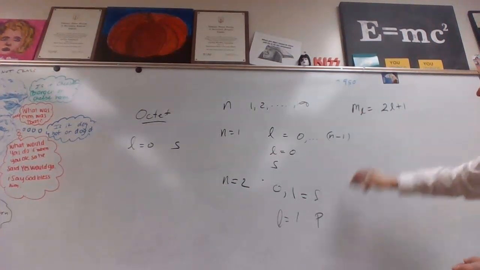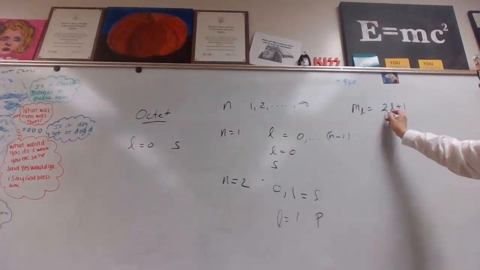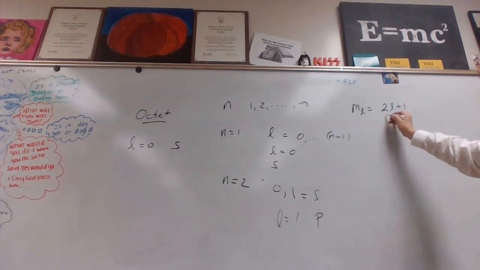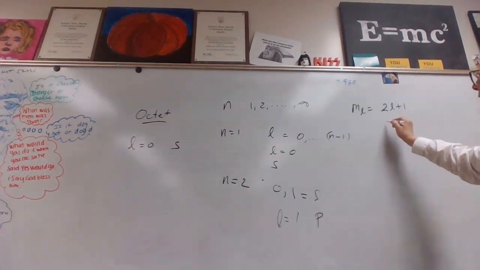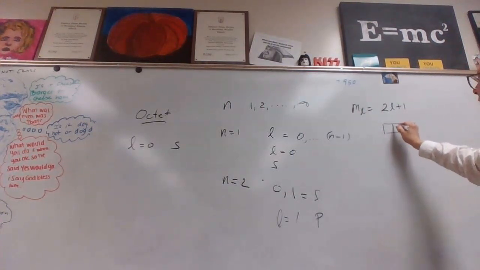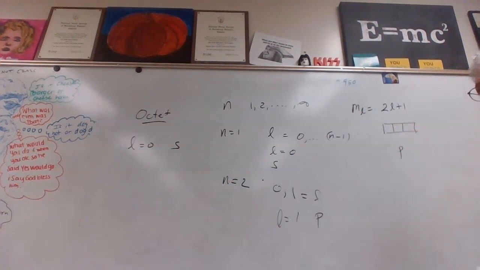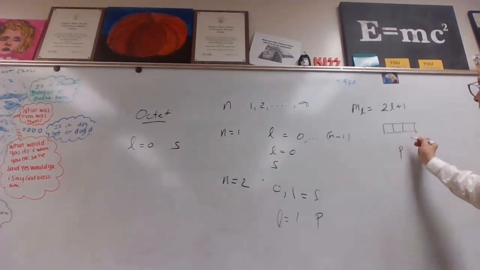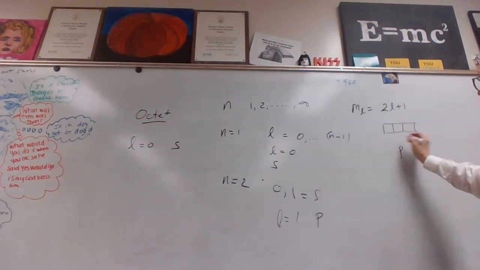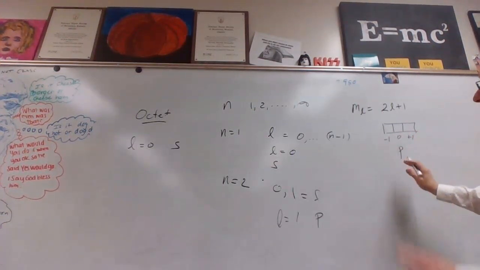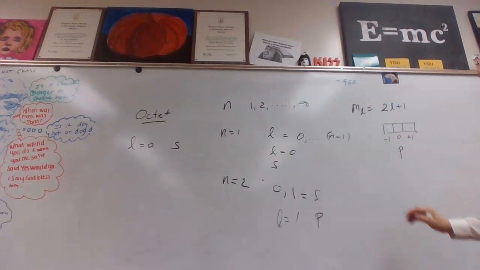For L equal 1, 2 times 1 is 2, plus 1 is 3. So I'm going to have 3 possible orbitals for L equals 1, and these are called the p orbitals. So what are these values for m sub L? Well, it's going to be -1, 0, and +1. I'm not too concerned that you know that.